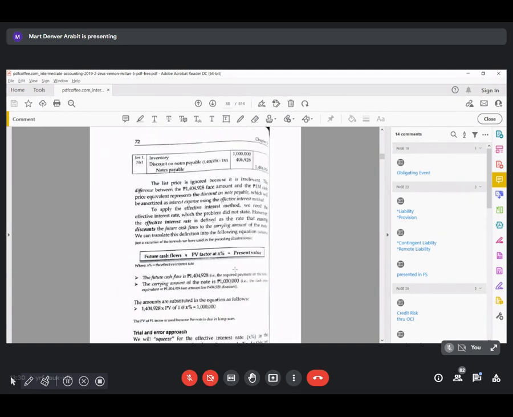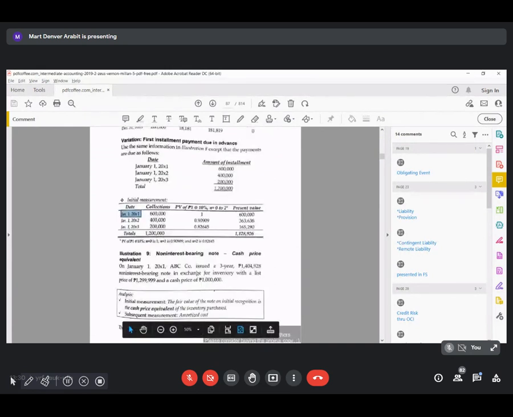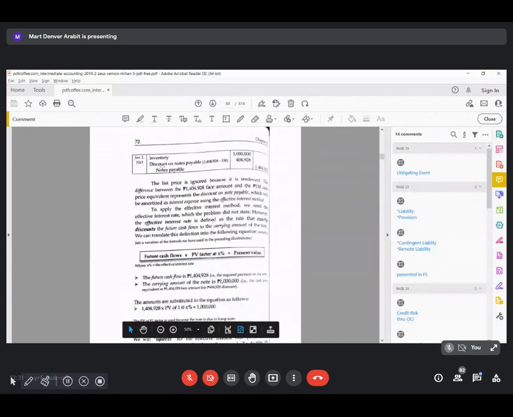Inventory is 1 million, which is recorded at its cash price, and debit discount on notes payable, 404,928, and notes payable, 1.4 M. So the list price is ignored because it is irrelevant.